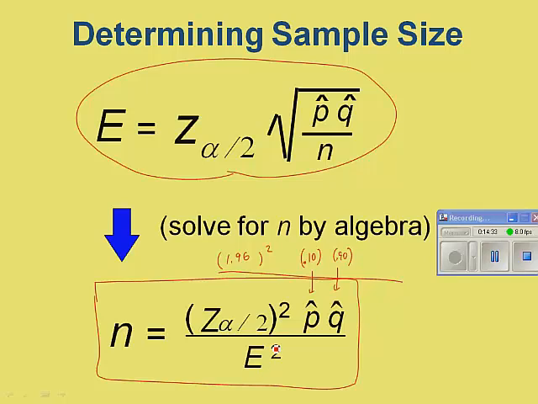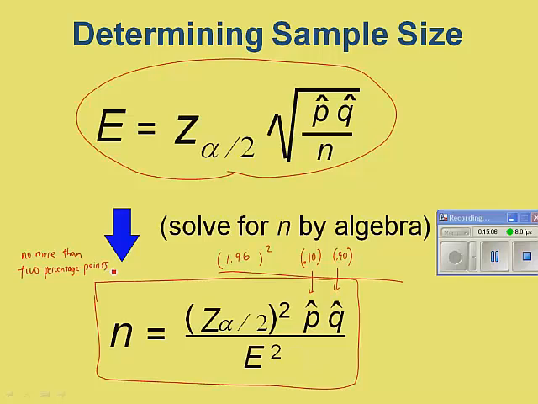What's e? Do we know? It says you want to be 95% confident that the sample percentage is in error by no more than 2 percentage points. Do you see in the text where it says no more than 2 percentage points?